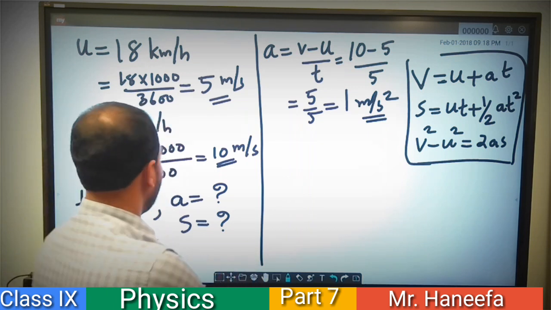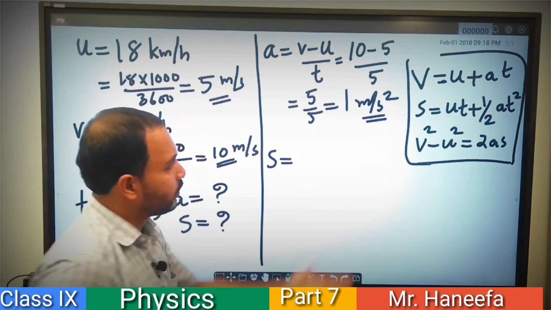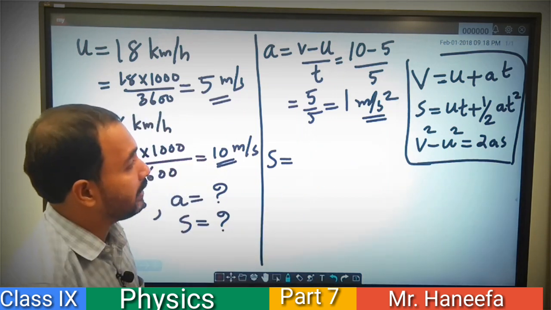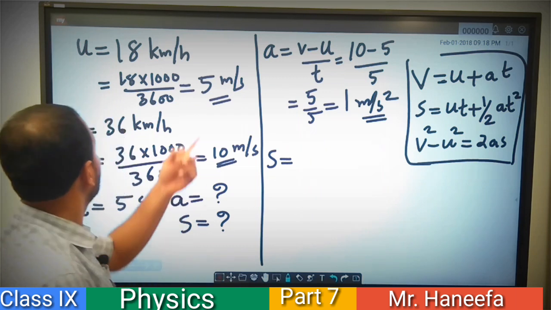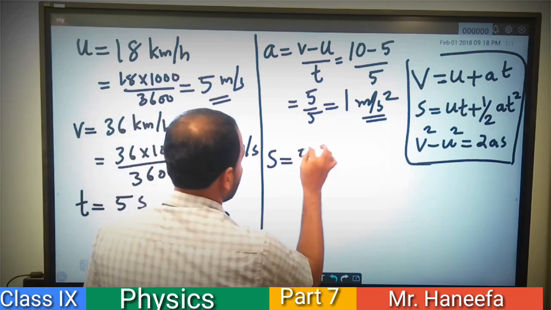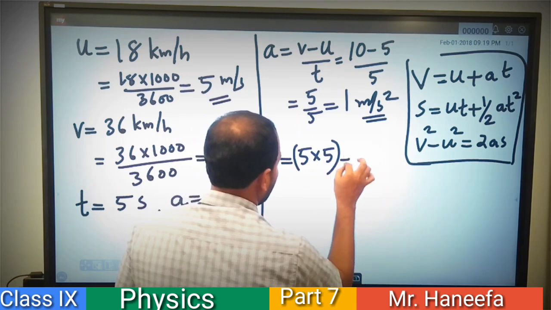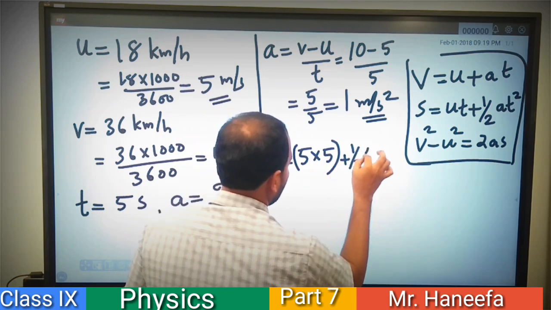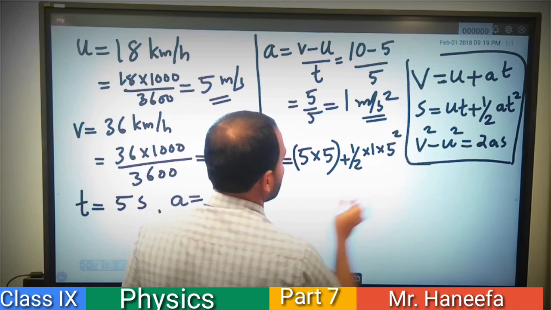Then we can find s. So we can use the second equation, s equal to ut plus half at square. What is u? u is 5, into t 5, plus half, a means 1, t square, 5 square.